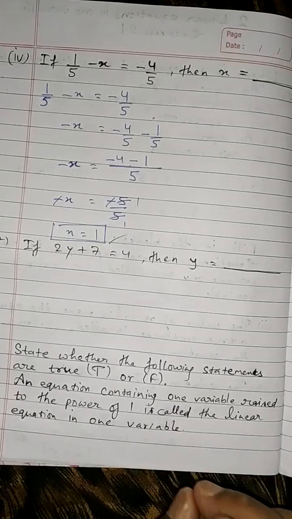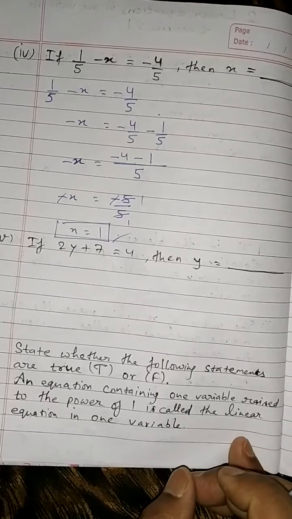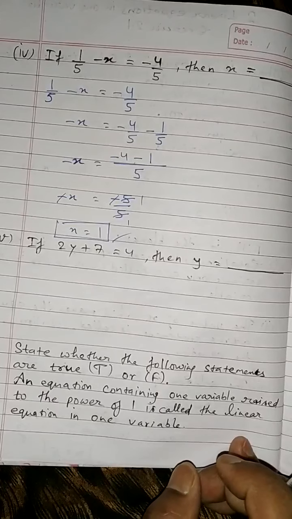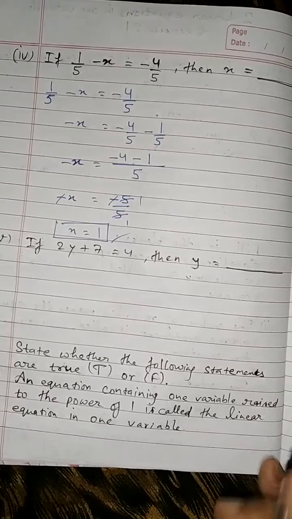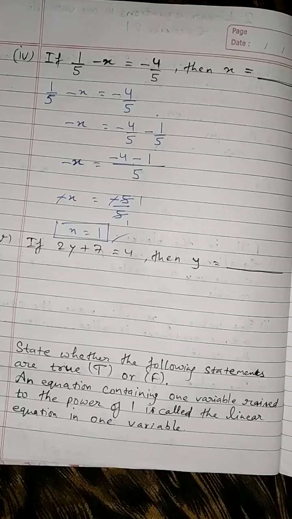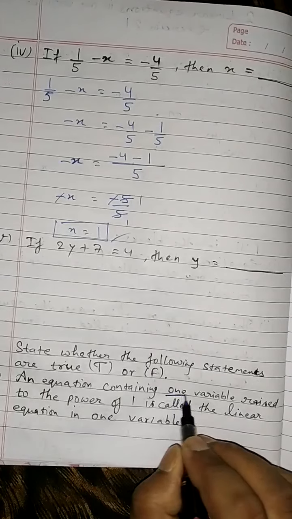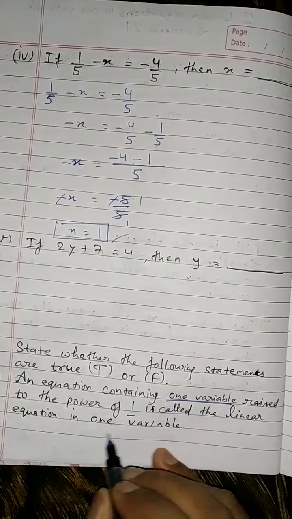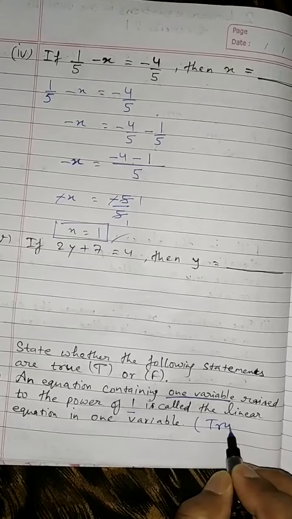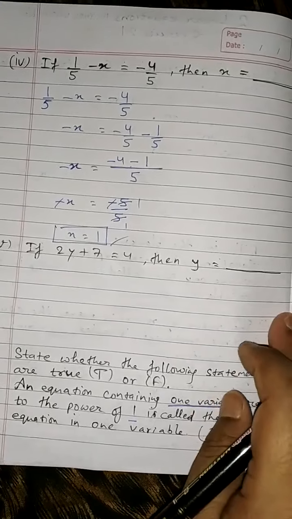It means that the variable should not have a power more than 1. There should not be a power of 2 or 3 there. So this is a linear equation of one variable. So this is a true statement.